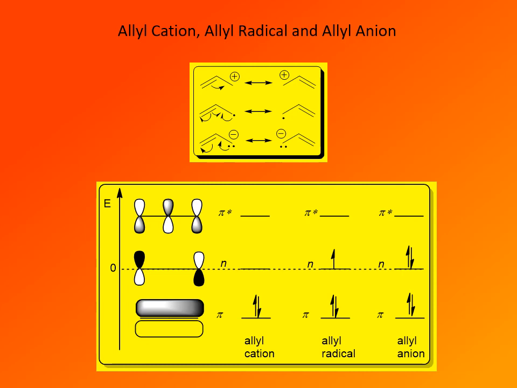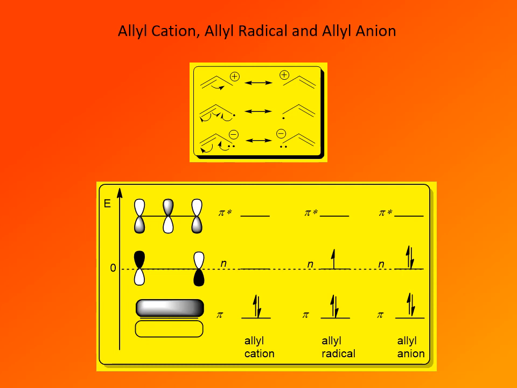For the allyl cation, there are only two electrons. We start with three carbon atoms that contribute one atomic p orbital with one electron each. So we start with three electrons, but since this is a carbocation, one electron is lost. There are two left.